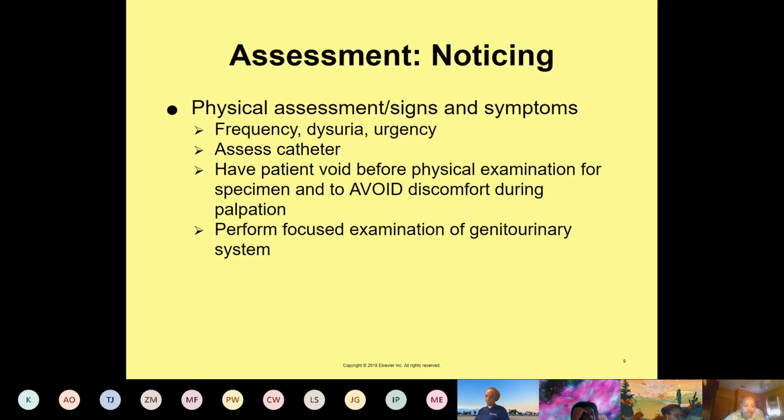We just talked about contributing factors that can result in UTIs: obstruction, renal stones, diabetes, gender, age, sexual activity, recent use of antibiotics. So just take a look at that as well.